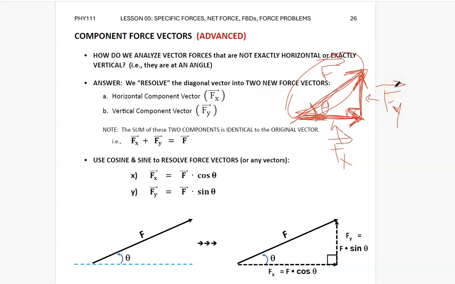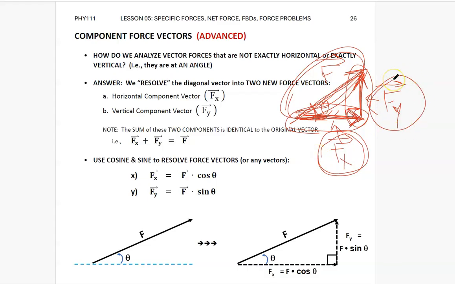Well, it turns out that if you take a diagonal vector and solve for what the horizontal and vertical vectors are that would complete that right triangle, the sum of the horizontal and the vertical vectors would give you the original force vector that's at an angle.